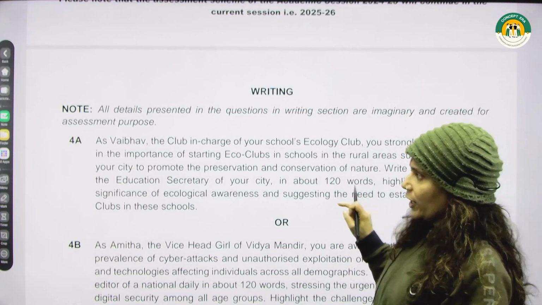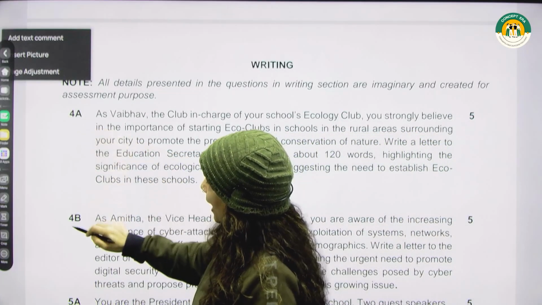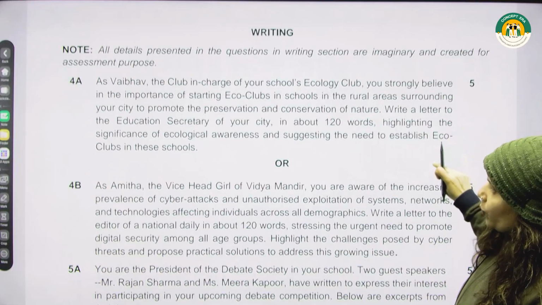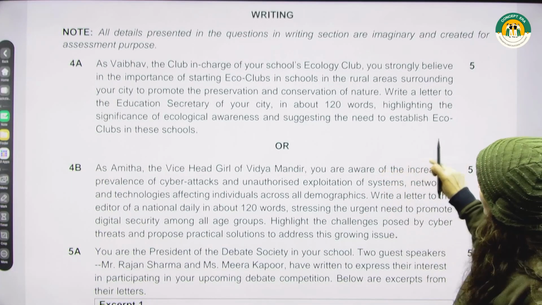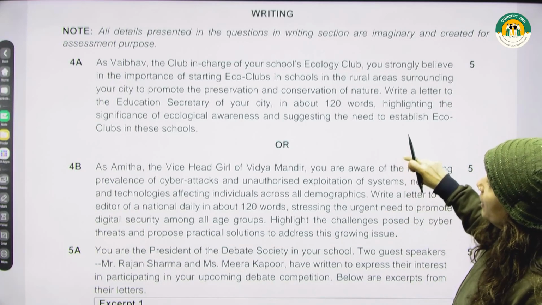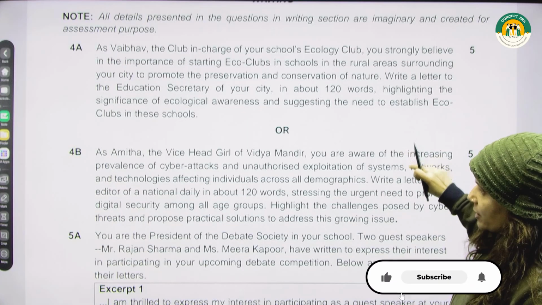Question number 4, if you see, there are 2 parts, question number 4A and question number 4B. See, question number 4A, it is actually a letter, a formal letter writing. Question number 4 is a question which is associated with formal letter writing.